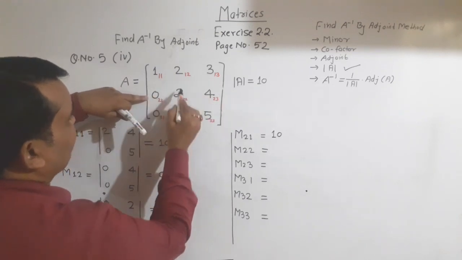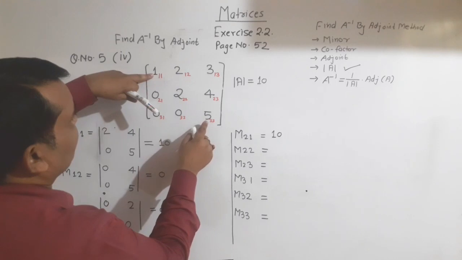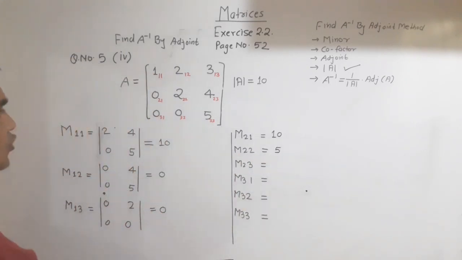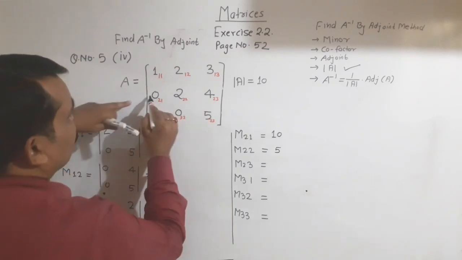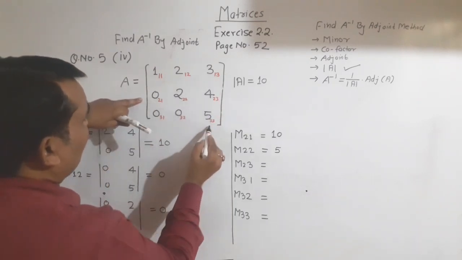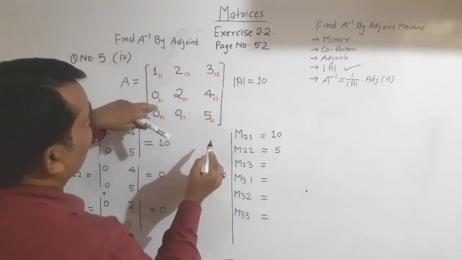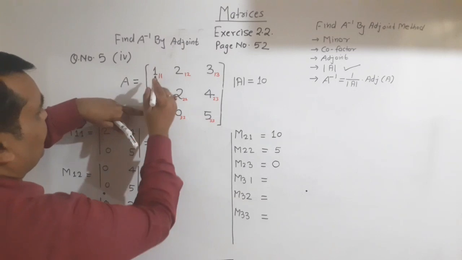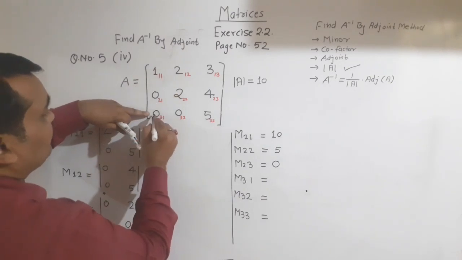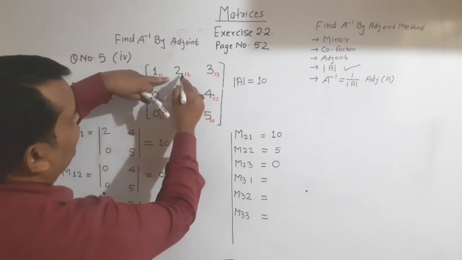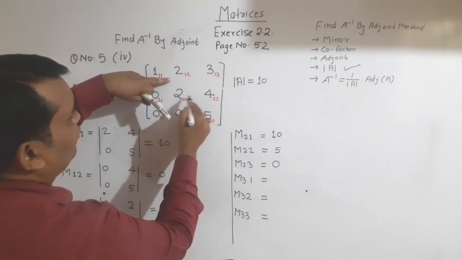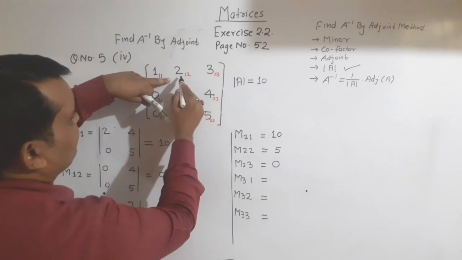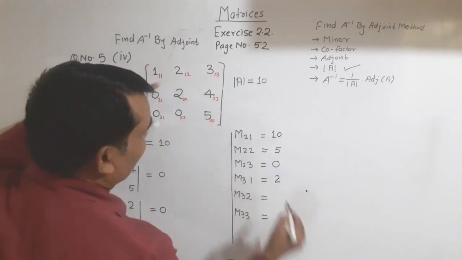So it's 1 3 0 5, that is 5 only. 23 means this one, second row third column. So it's 1 2 0 0, gives you 0. Next one, 31 means this one. First column third row, 2 3 2 4. So it's 8 minus 6, that is 2.